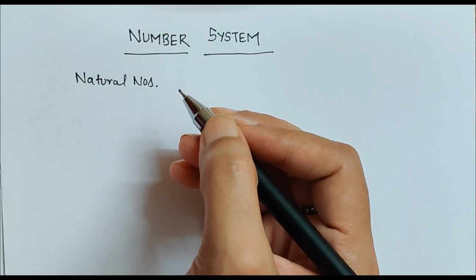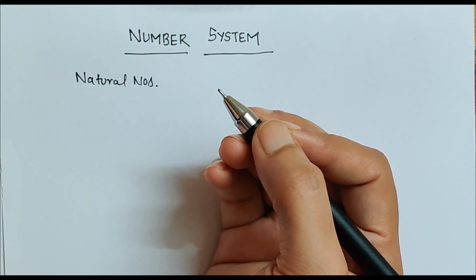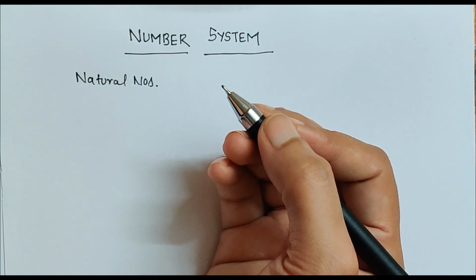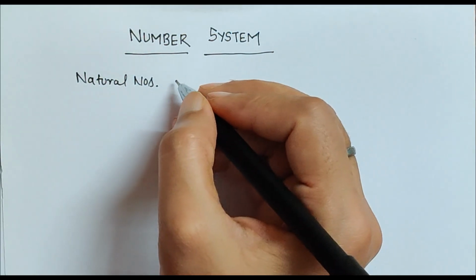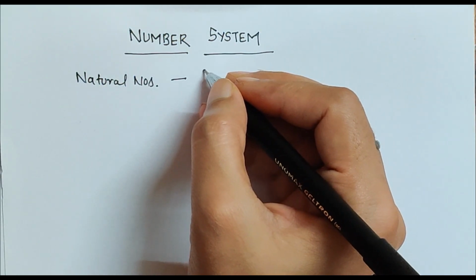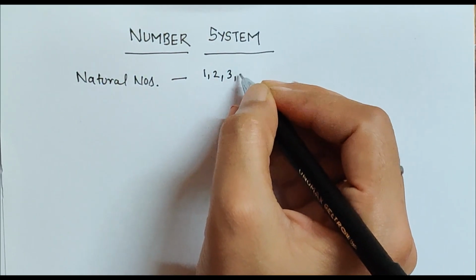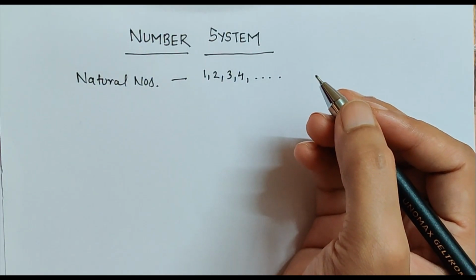Because whenever we start counting any object, it naturally comes out as 1, 2, 3, 4, 5, 6, isn't it? That is why the numbers which naturally come out are called natural numbers. So 1, 2, 3, 4 and so on are natural numbers.